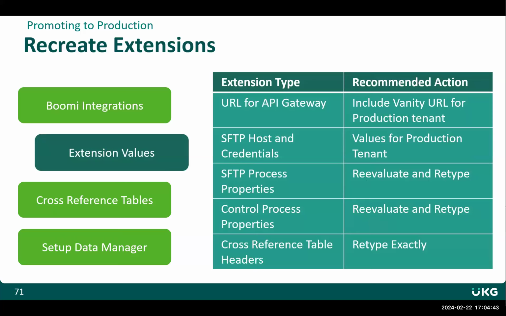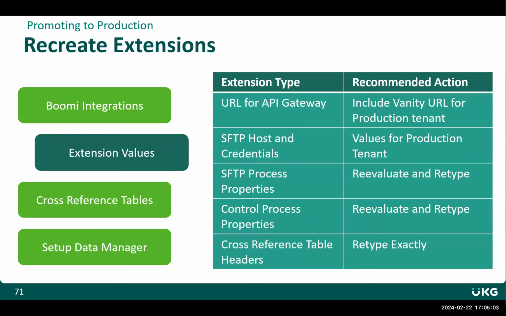The process properties, these you're going to want to reevaluate and retype as necessary. Sometimes the way we set up our control process properties or our other process properties while we're testing is a little bit different from the way we would do it for a production run.